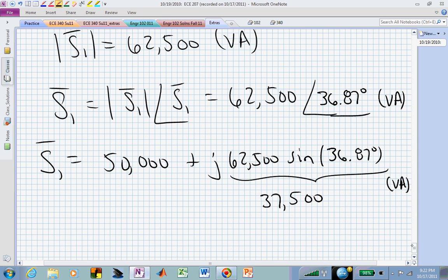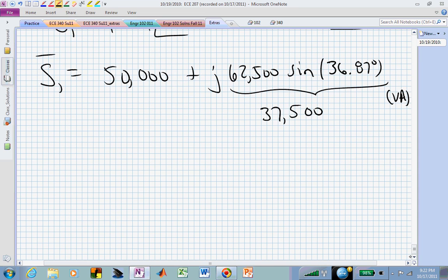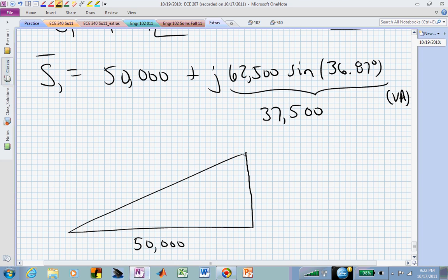Now let's sketch what we have. We now have S1 having a horizontal length of 50,000, and we know that we are going up, so we've gone over 50,000 and up 37,500 for the reactive component of load number 1.